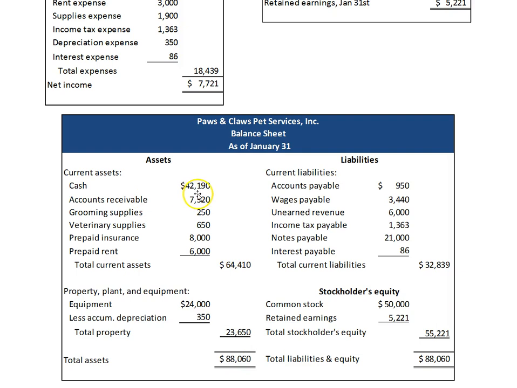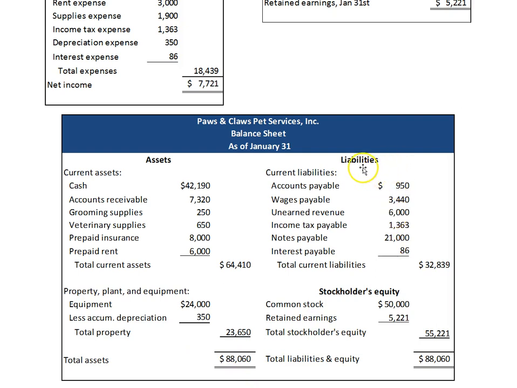What it does is add up both types. So we add up all the current assets, add up the long-term assets here. Don't worry too much about this cumulative depreciation. We're going to talk more about it in chapter 3 and see it, but this is the proper treatment for it. It subtracts out of the equipment to get to its net book value. We add up those two numbers, we get to the total assets.